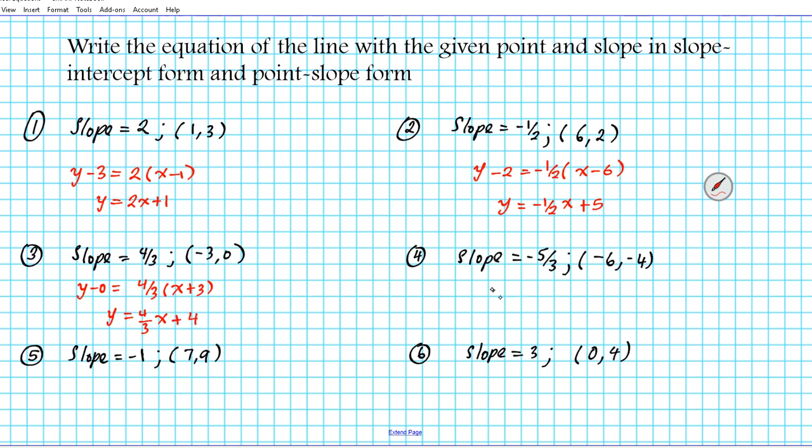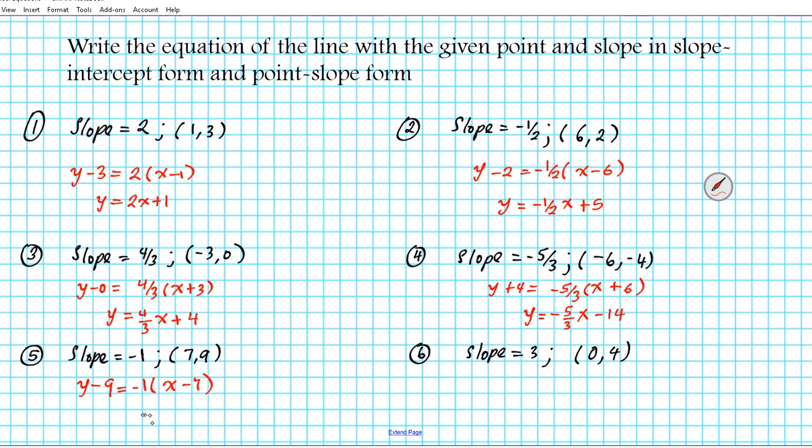For number 4, the point-slope form is given by y plus 4 equals negative 5/3 times the quantity x plus 6. And then the slope-intercept form is given by y equals negative 5/3 x minus 14. For number 5, the point-slope form is given by y minus 9 equals negative 1 times the quantity x minus 7.